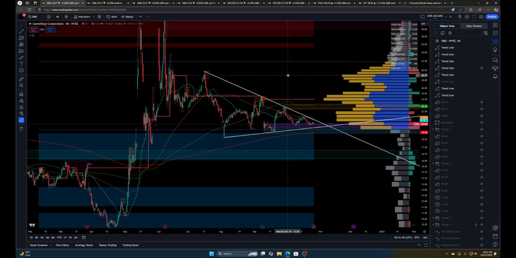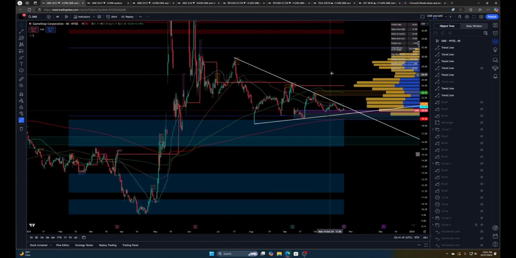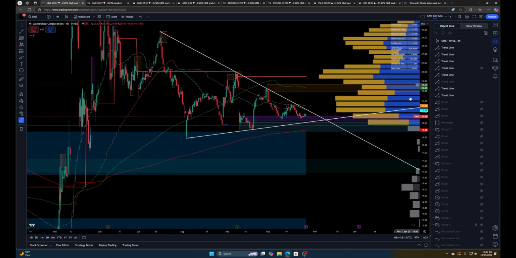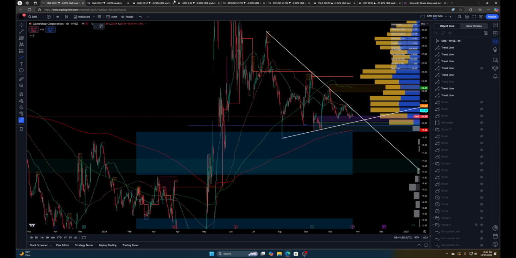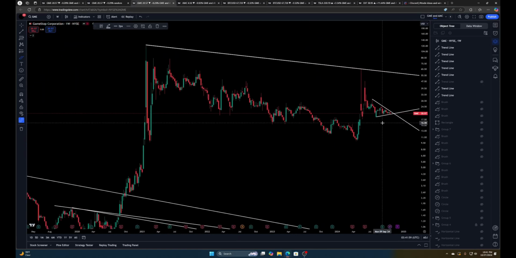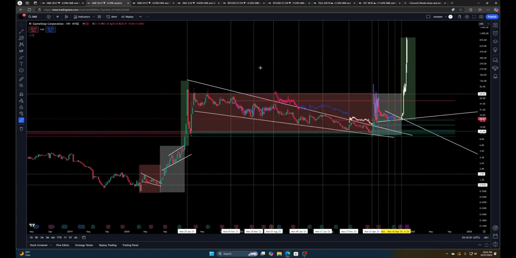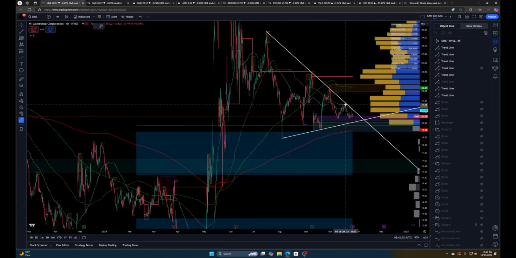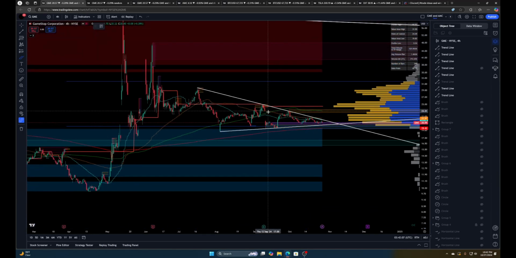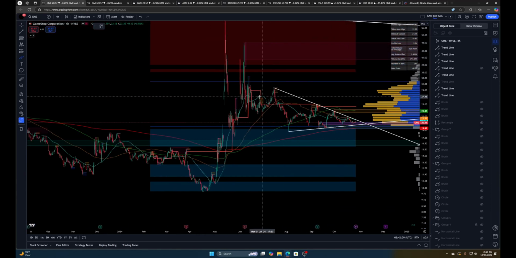So maybe something interesting happens, maybe it doesn't. Like seriously, anything can happen here, right? So we have our support and resistance zones. We've already gone over macro GME, what we're looking for on a macro level. Yeah, it's really that simple, just something that we can keep monitoring here.